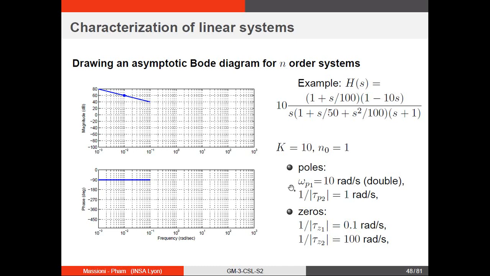Then we have poles here. We have a pole in 0, which is already accounted for by n naught. Then we have a pole in minus 1, so at 1 radian per second. We take the modulus. This is a negative real part pole. And then we have a pole at omega n, which here is 10, right? It's the square root of this one. So we have a double pole at 10 radians per second.